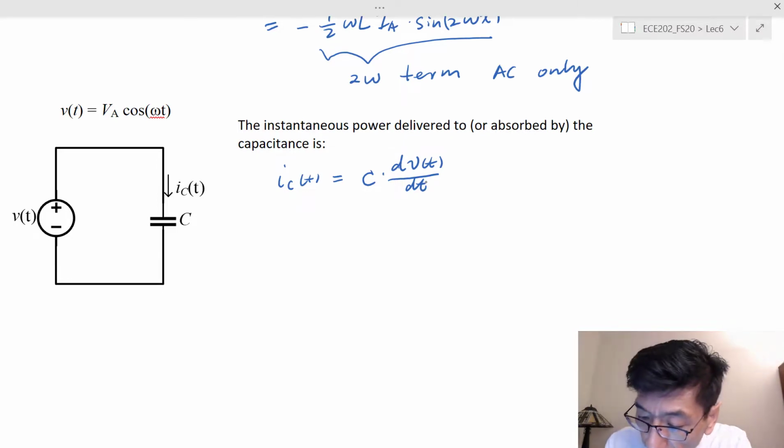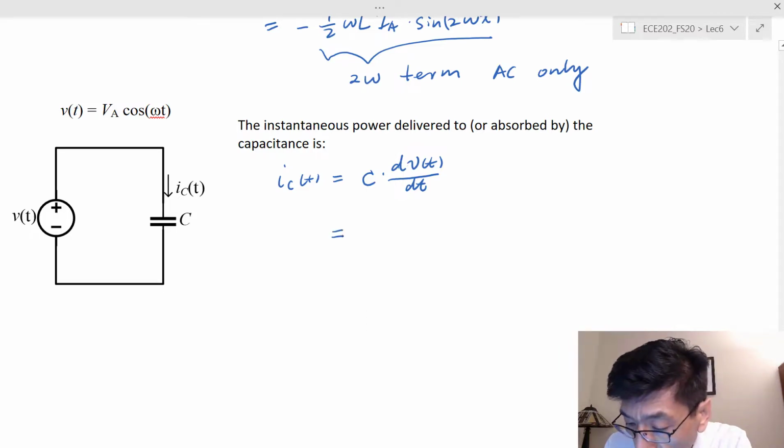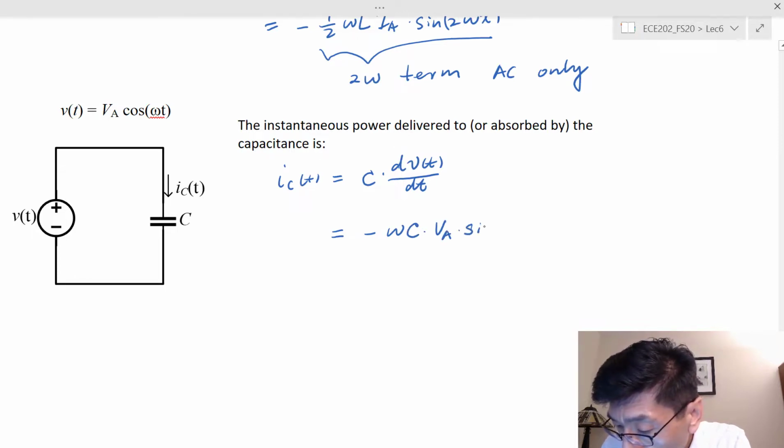So in this case, I substitute this. I can do the similar thing I did for the inductance. I'm not going to go through the details. So in this case, the solution would be negative omega C times VA times sine omega t.